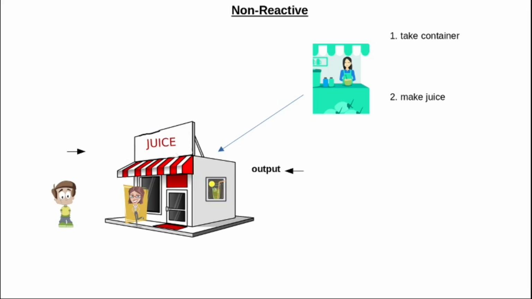That's it. Then the juice maker, a lady, takes a container, an empty glass for storing the juice. Then she puts the empty glass in the machine, and you finally get the juice.